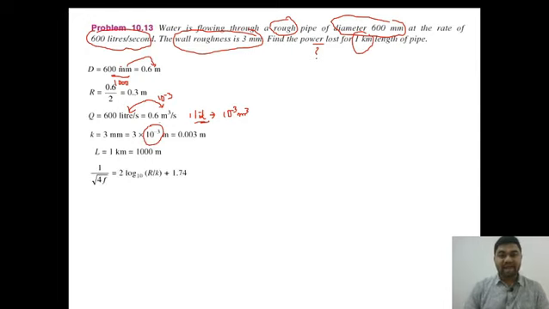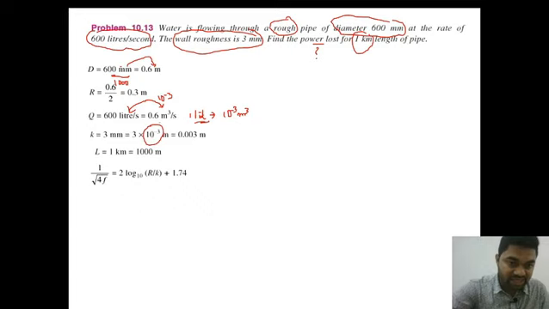So, as this is a rough pipe, the relationship between coefficient of friction and Reynolds number is 1 by under root 4f is equal to 2 log r by k to the base 10 plus 1.74.